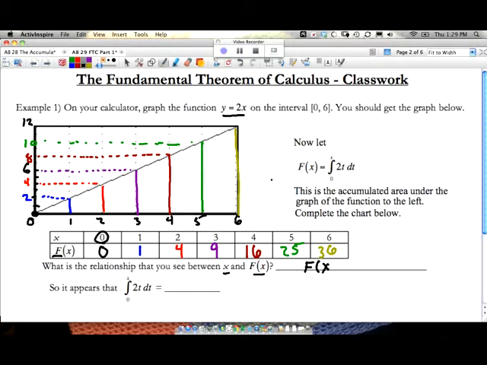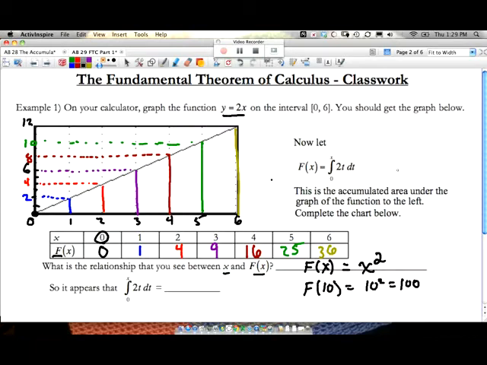Capital F of x equals x squared. So in other words, capital F of, let's pick a different number, how about capital F of, I don't know, 10 would be 10 squared, or 100. So if we went all the way out to 10, the area would be 100.